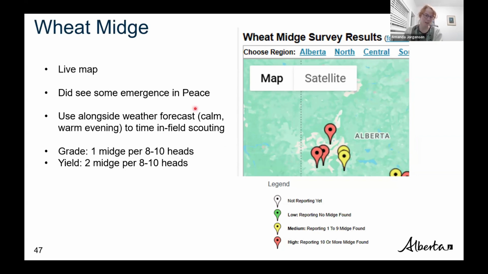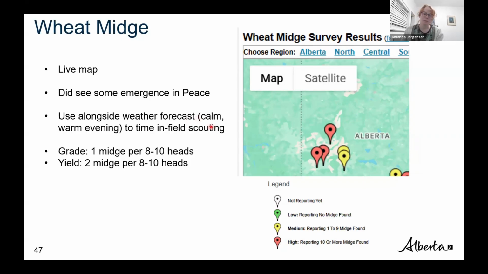But you can pop onto that live map, see if there's midge out and about, and use that in combination with your own crop staging. So if your wheat is in that susceptible stage, and the weather forecasts, time that in-field scouting. The one nice thing about wheat midge scouting is they like to be active on an evening when it's not too bad to be sitting in a wheat field.